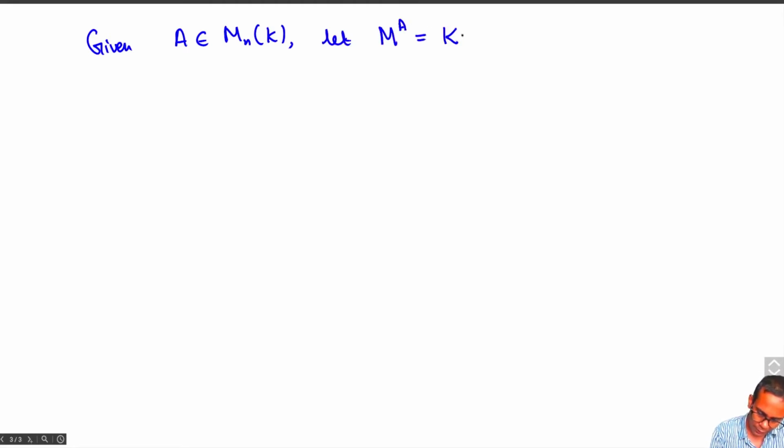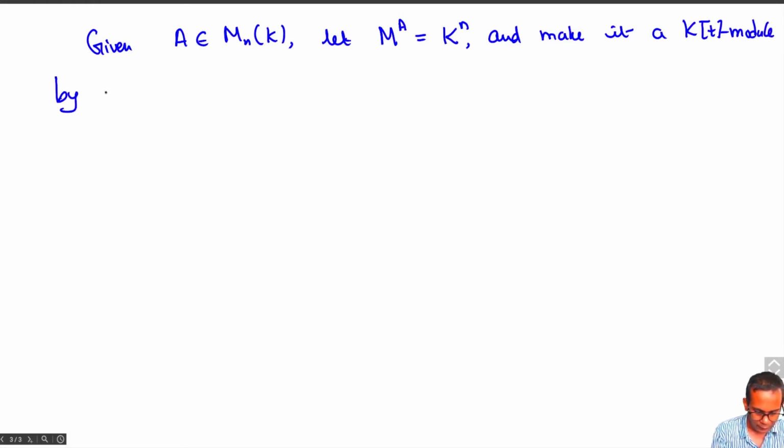So we just take M_A to be K to the power n and make it a K[T] module by setting f(T) times a vector v to be f(A) v.